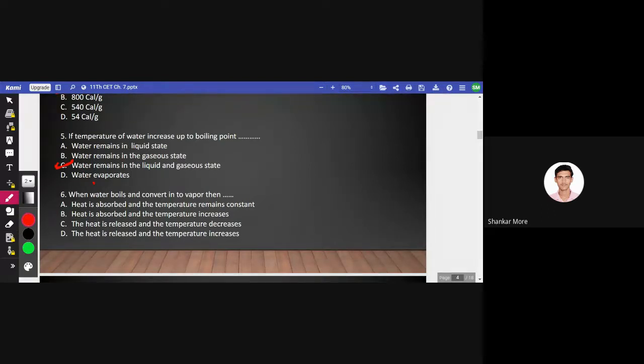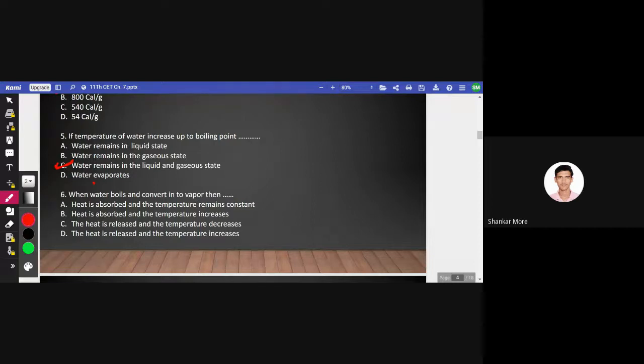When water boils and converts into vapor, then heat is absorbed and the temperature will remain constant. It will not increase. Did you get it? Heat is released and the temperature is increased, so option D is correct? Which option is correct, students?